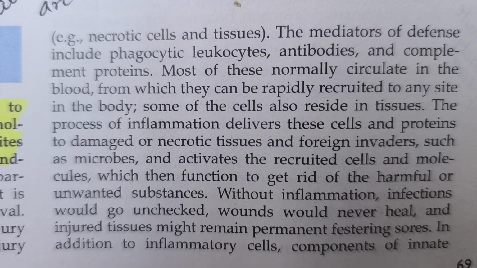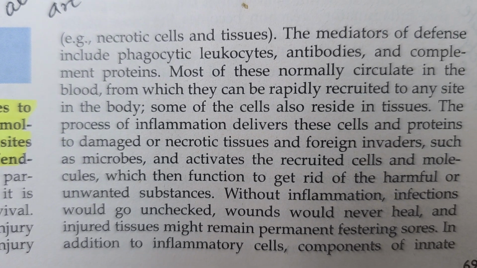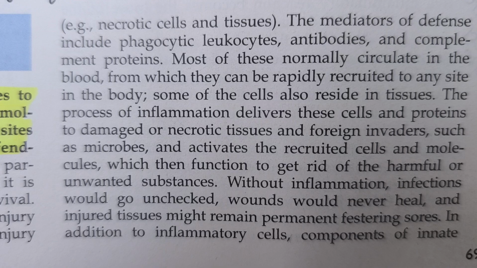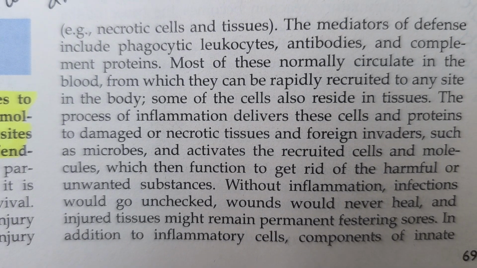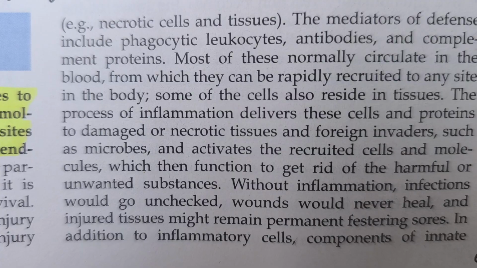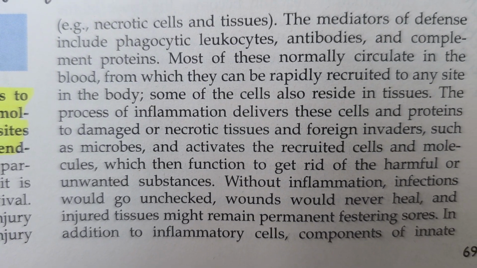Most of these normally circulate in the blood, from which they can be rapidly recruited to any site in the body. Some of these cells also reside in the tissue.